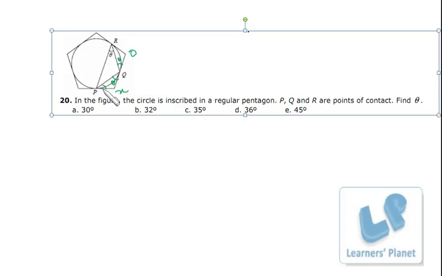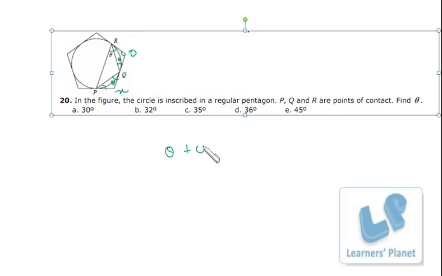And once again the triangles are congruent to each other, so this is theta, this is theta, and this must be 108 because this is the angle of this pentagon, right? And for a regular pentagon, each angle is 108 degrees. So this is theta, and this is 108, and this is triangle OQR.